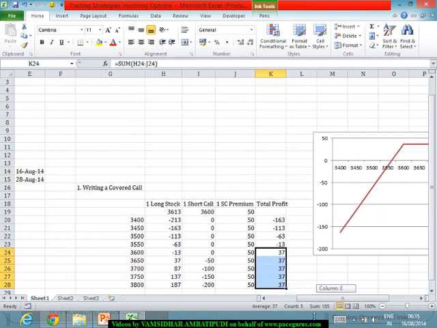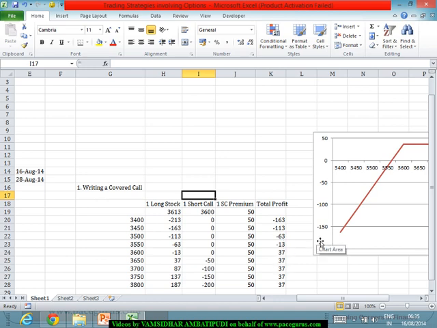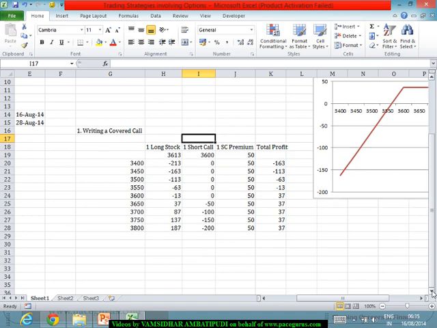I go the other way means I go short on the stock, I go long on the call. Exactly the same, so the negatives will become positives and the positives will become negatives, and the graph would be exactly a mirror reflection over the x-axis. So that is like reversing the writing of a call strategy.